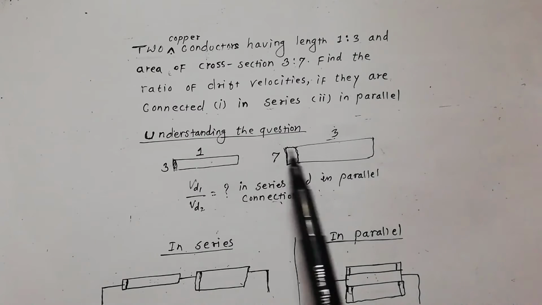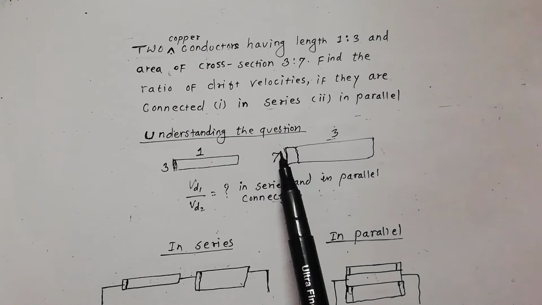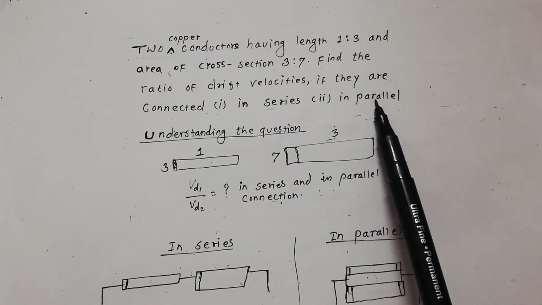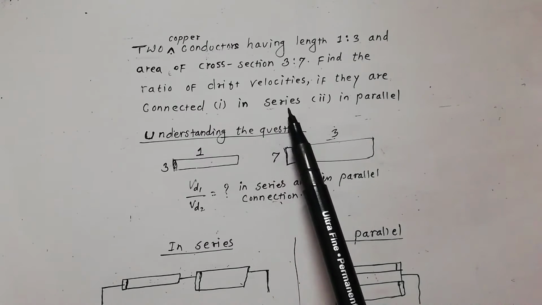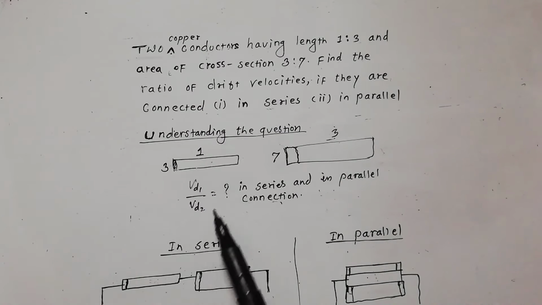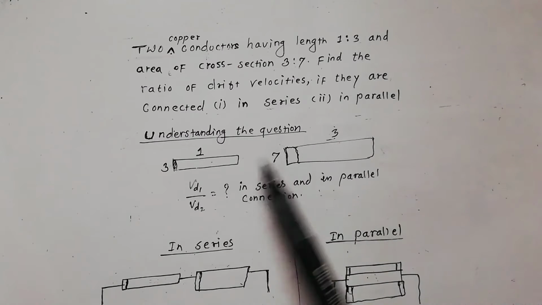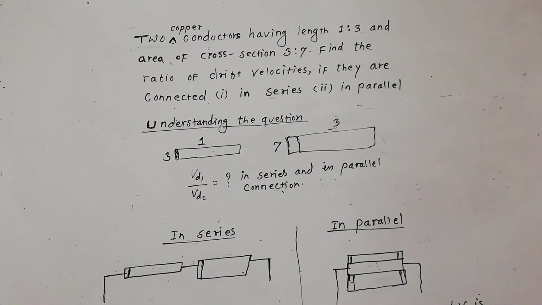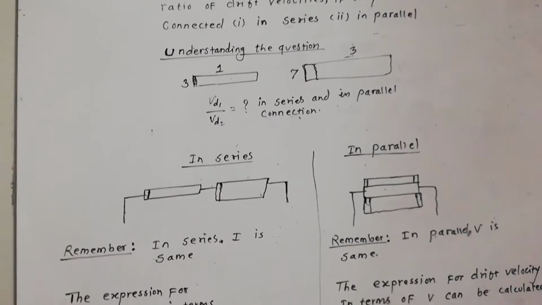That means these two conductors, first we have to connect them in series, and next we have to connect them in parallel. So in series connection we have to find the ratio of the drift velocity. Also in the parallel connection we have to find the ratio of drift velocity. Alright, so I hope you understand the question.